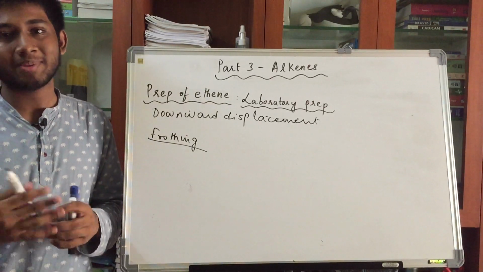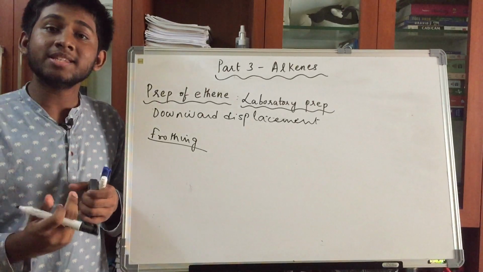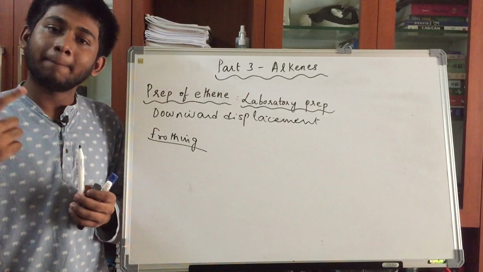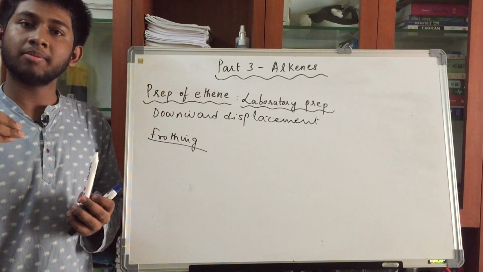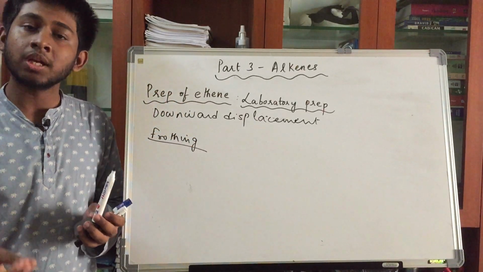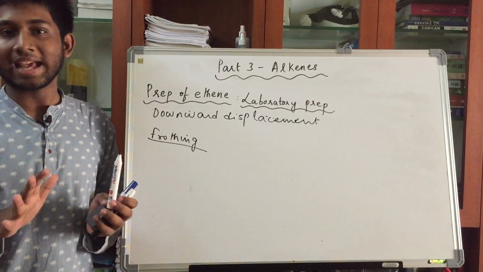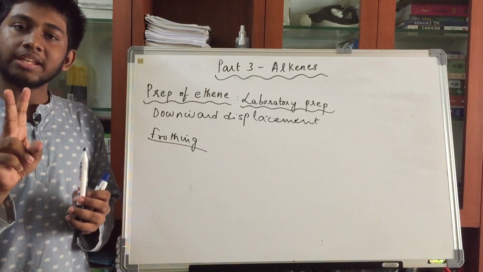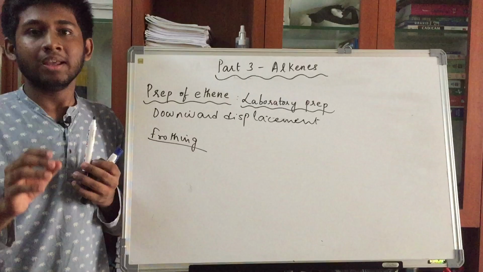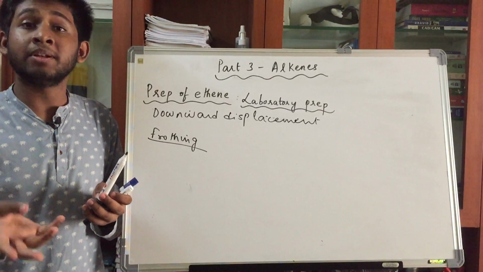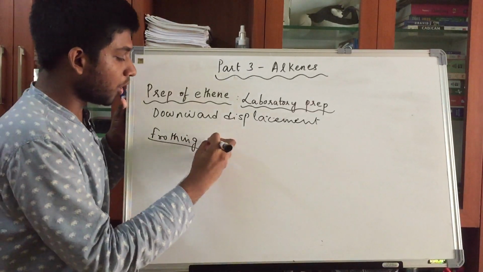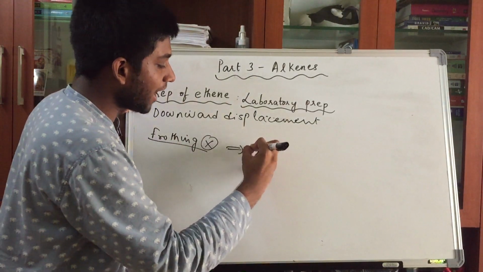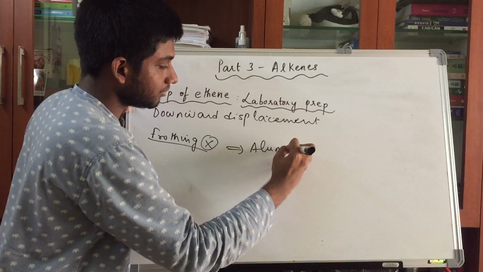The same thing is observed while obtaining ethene by downward displacement of water, and I've already explained that we use downward displacement of water because of the inflammable nature and insoluble nature of the gas in water. While using downward displacement, frothing can happen, and to avoid this, we make use of aluminium sulfate.